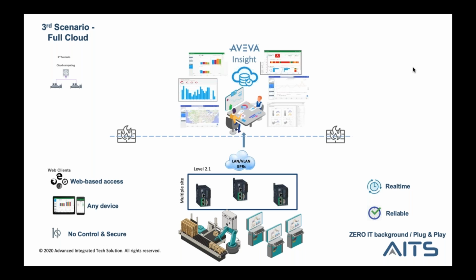So the deployment of the full cloud solution will start by having a smart gateway installed near the machine, near the line, or in the plant. Define what data you need to collect, and use the smart gateway to push the data into the IoT platform.